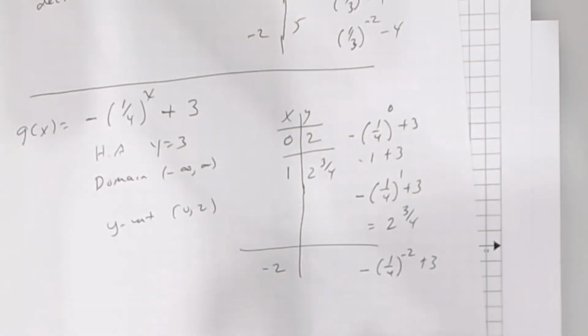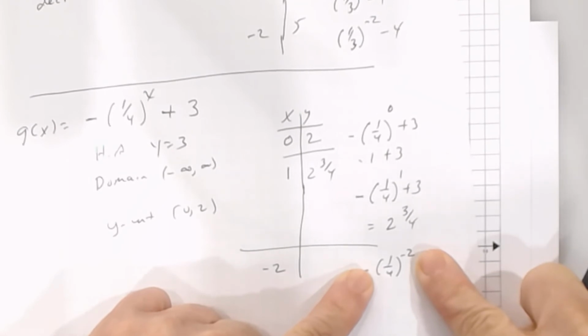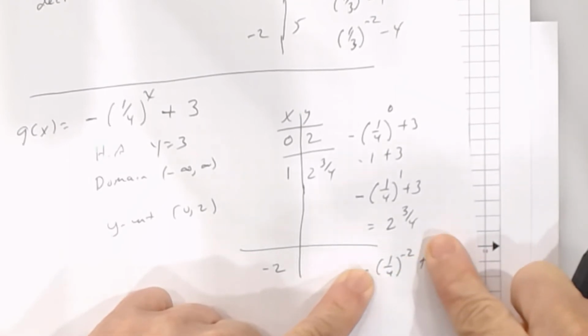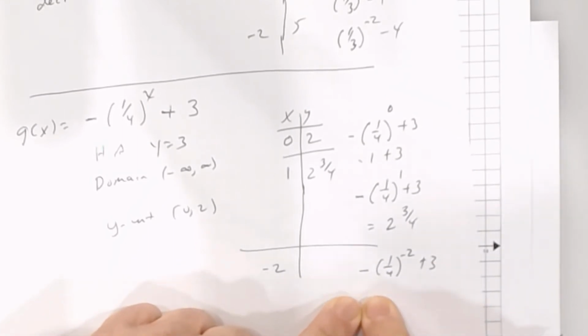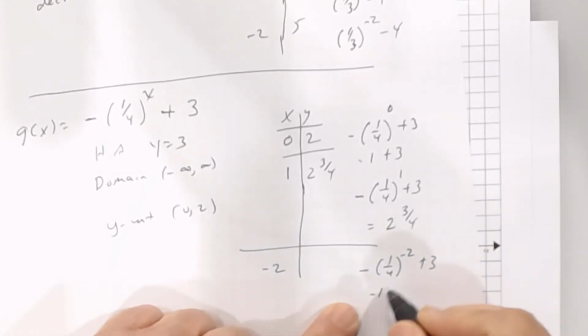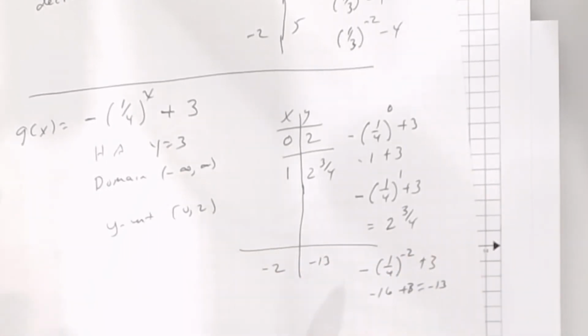Now use your calculator if you need to, but listen to my words though. If I want this to be a positive 2, I take the reciprocal of 1/4, so that becomes 4 squared, which is 16, but this becomes a negative 16, right? And what's negative 16 plus 3? Negative 13.